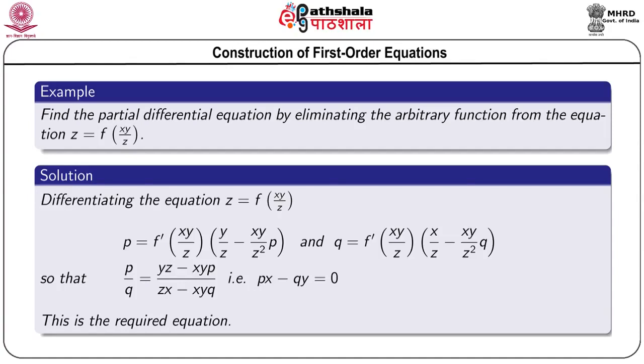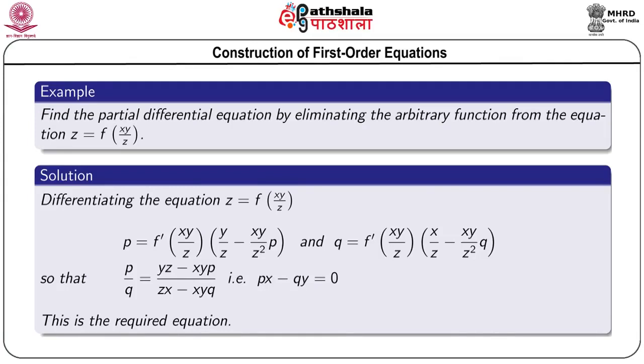Now, from this equation, if we differentiate with respect to x and y, we will get two relations in the form p = f'(xy/z)(y/z − (xy/z²)p), and q = f'(xy/z)(x/z − (xy/z²)q). So, from these two equations we get the value of p/q in this form.